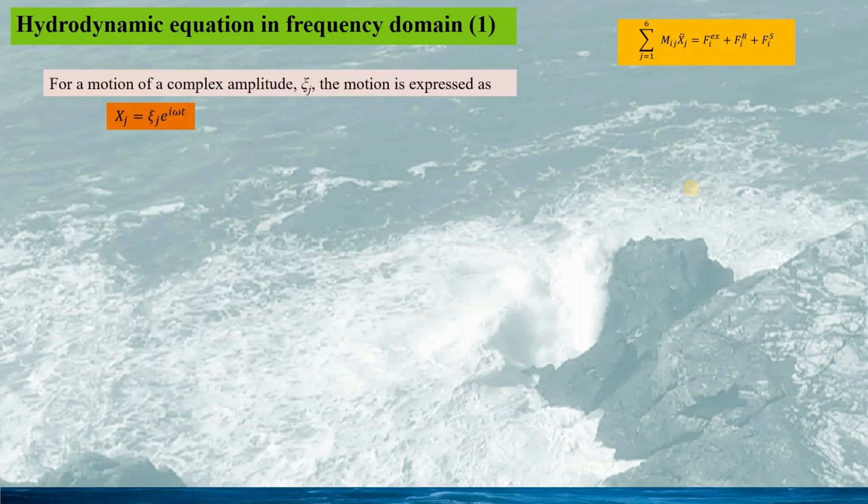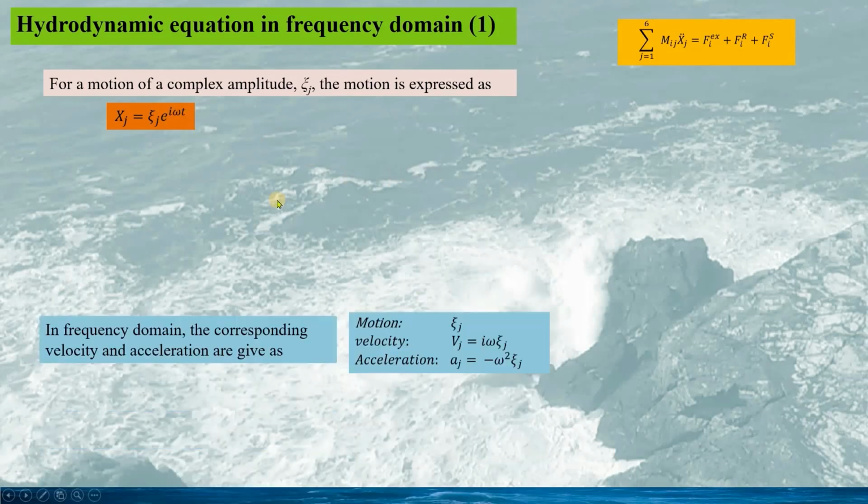In frequency domain, if we have a complex amplitude Cj, the motion can be expressed as xj equals Cj times the exponent of i omega t.